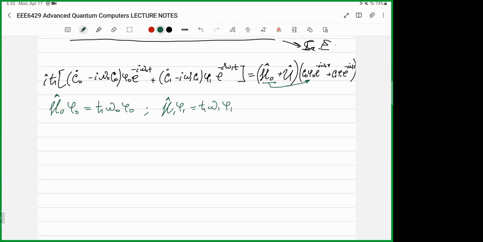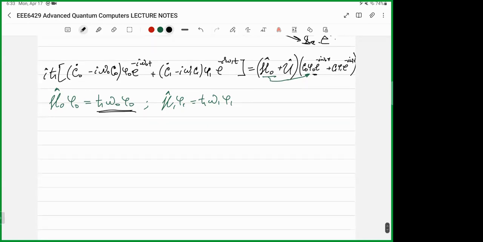Right? And now if I consider, for example, this state, when I act with the intrinsic Hamiltonian on this part, I will get h bar omega 0 c sub 0 phi sub 0 e to the power of minus i omega 0 t. I will get exactly this part, but with the opposite sign.